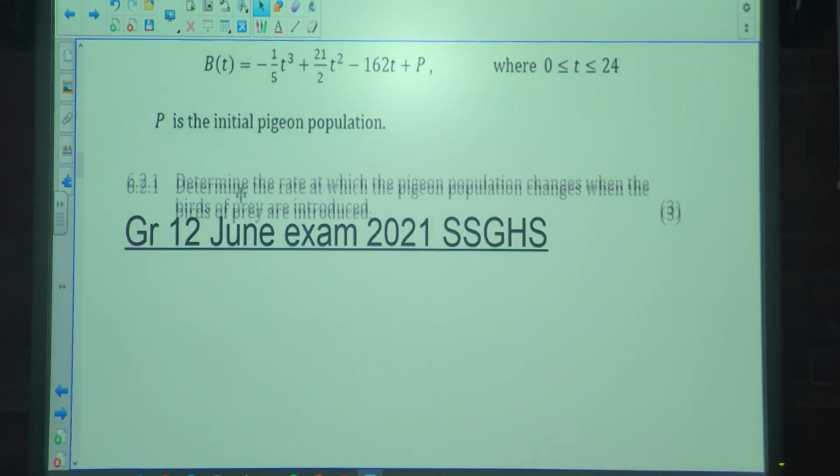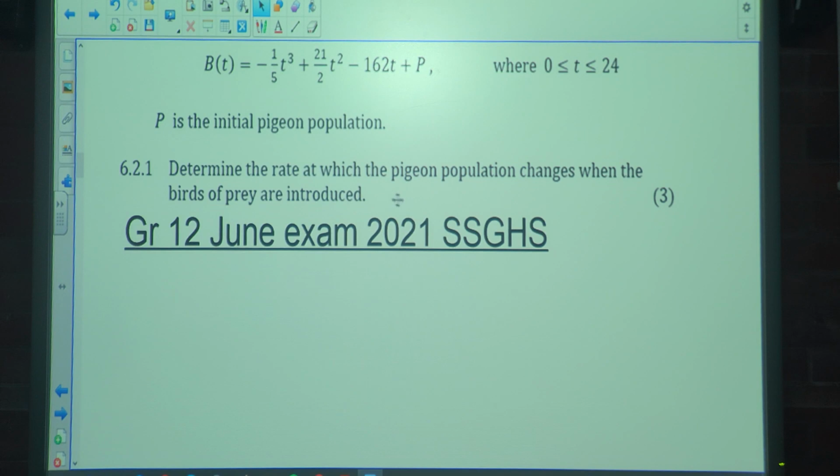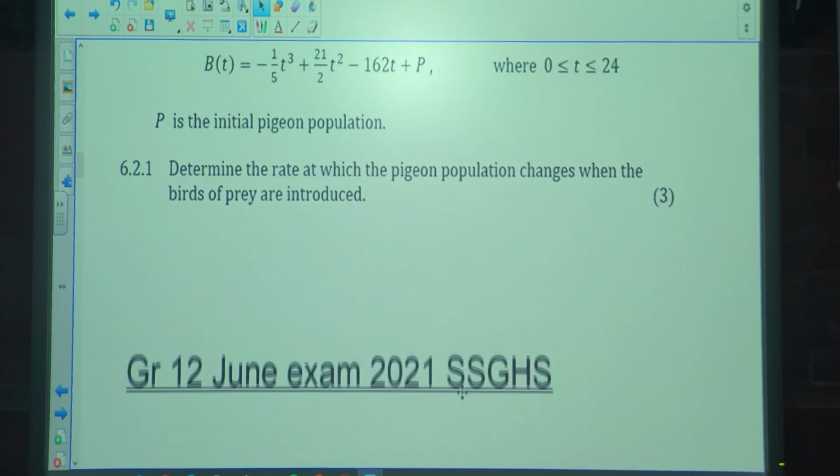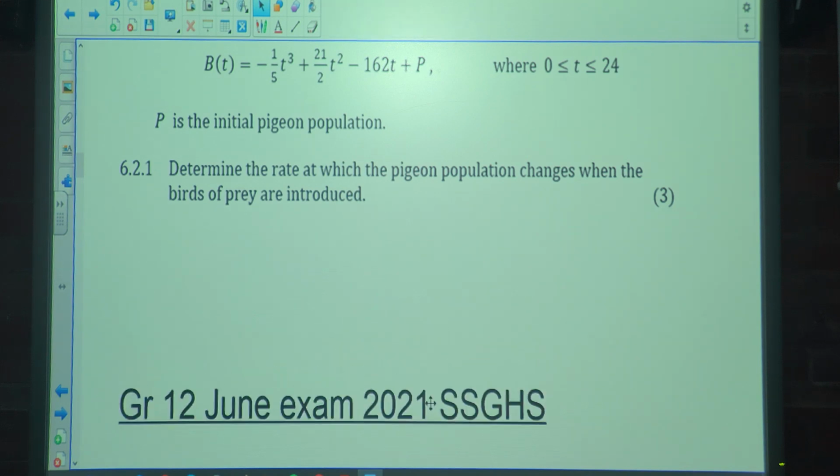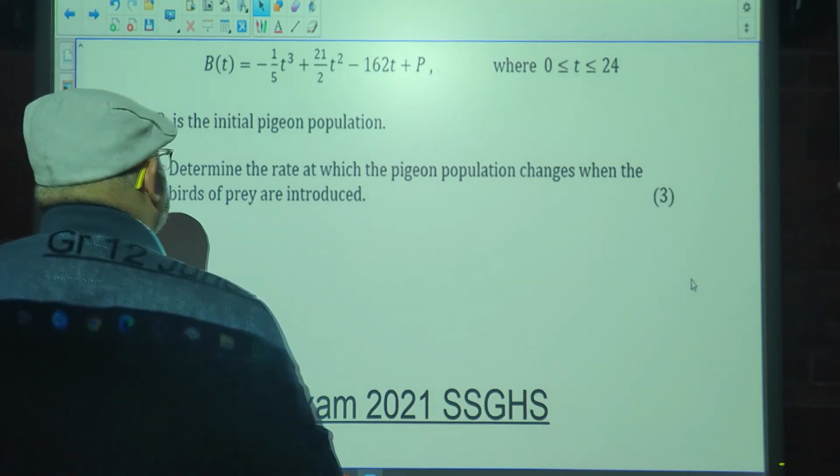So we are told determine the rate. So the rate is the first derivative at which the pigeon population changes when the birds of prey are introduced. So what do we do? We apply the derivative.